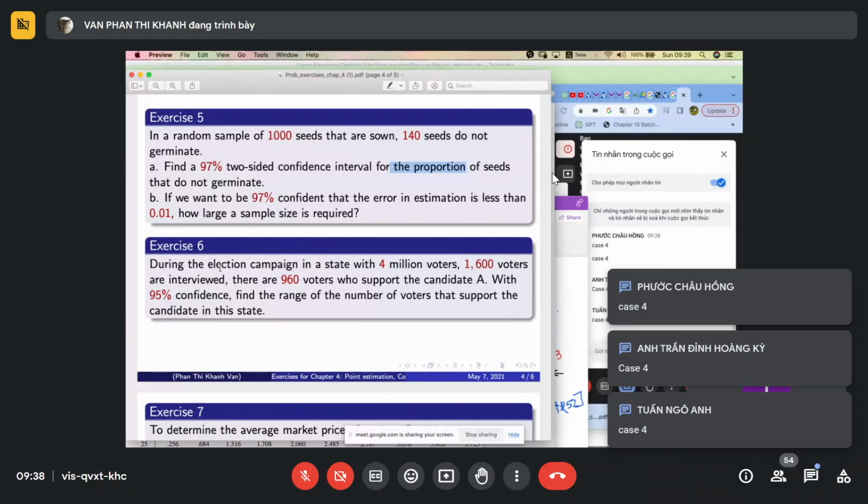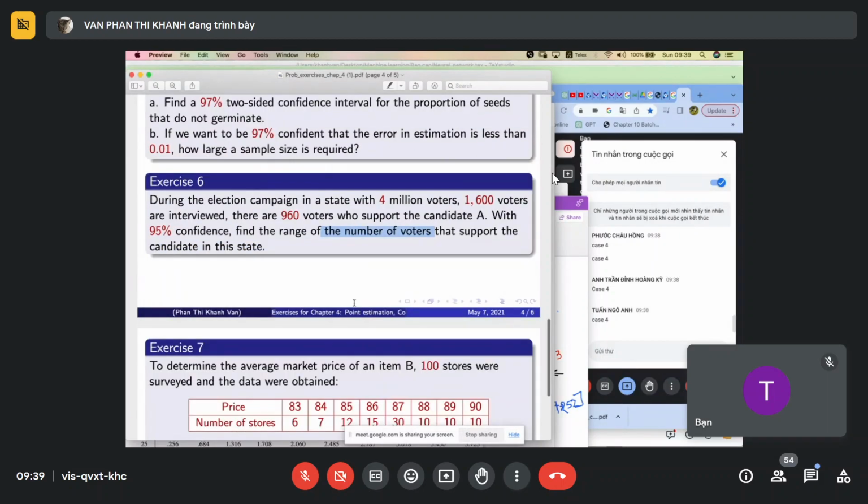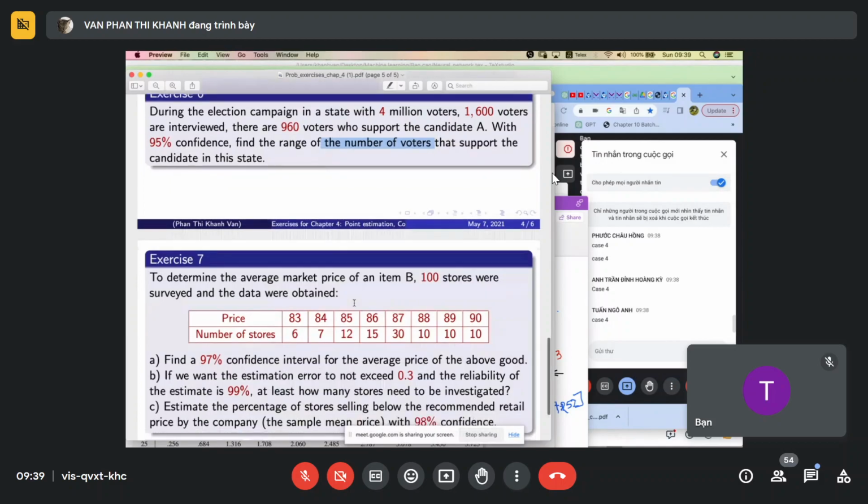Yes, it's case 4. It's similar to the first problem about the fish in the lake. We estimate the proportion first, and after that we estimate the number of voters. It's correct, case 4.